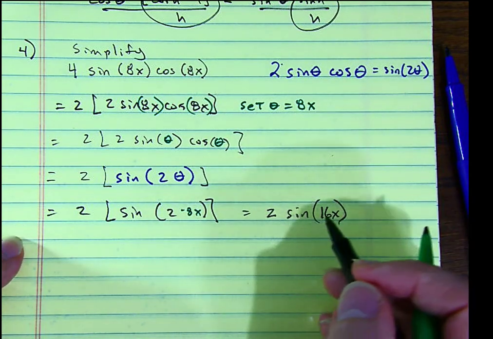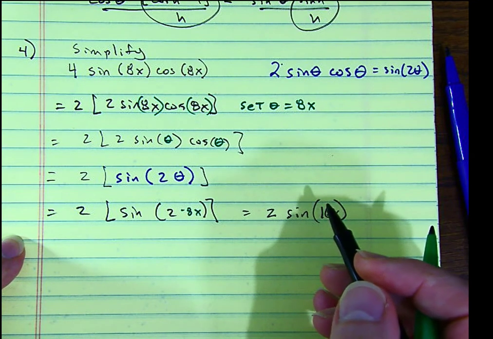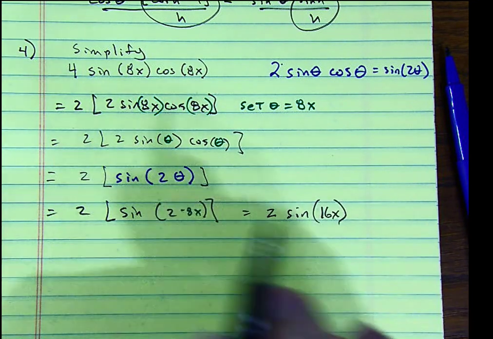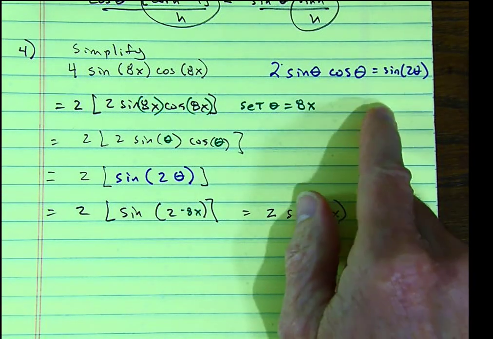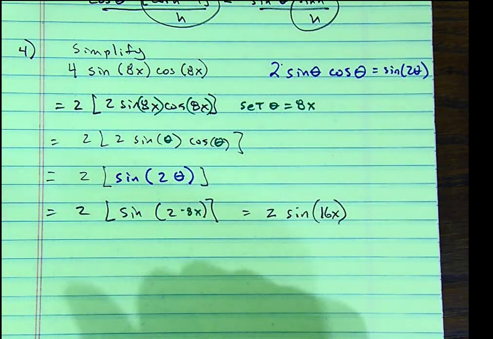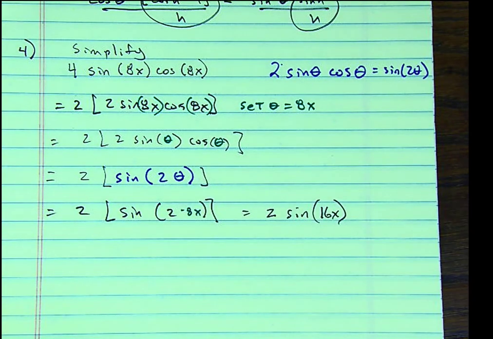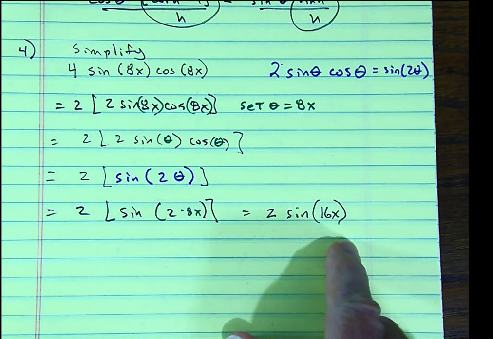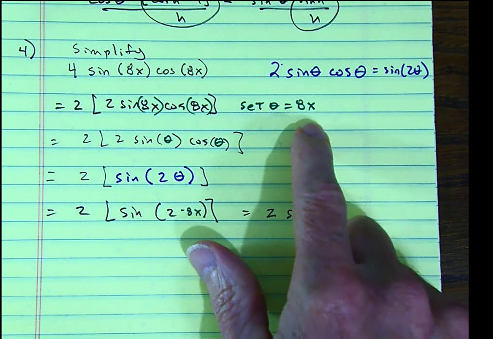And so this expression is an equivalent, oops, I said oops because I was thinking about the cosine double angles. The cosine double angles have a lot of squares in them. But this, we're right on track for the sine of 2 theta. So sine of 2 theta, 16x is the double angle of 8x.